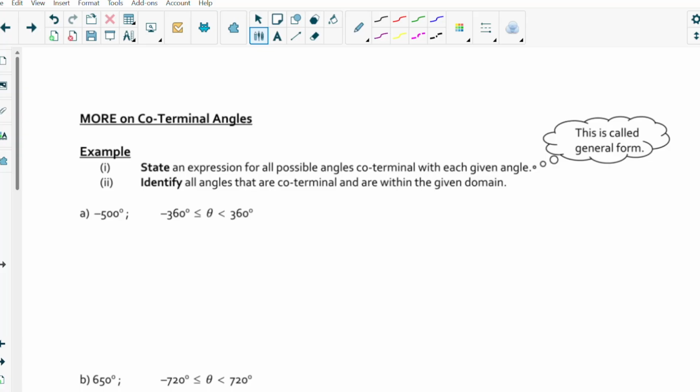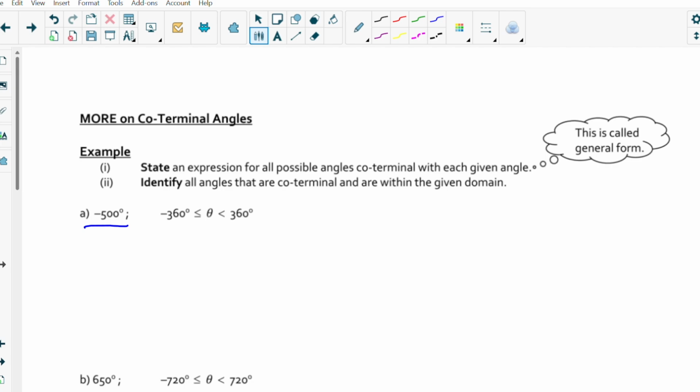So identify all angles that are coterminal and are within the given domain. Here's the angle that I start with, negative 500, and then state all possible coterminal angles within each given angle. Identify all angles that are coterminal within the given domain.